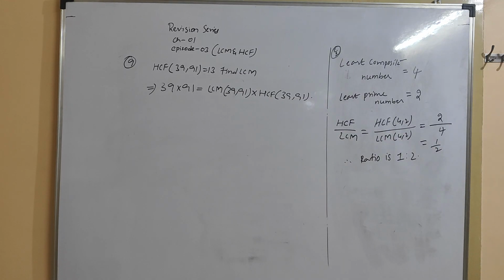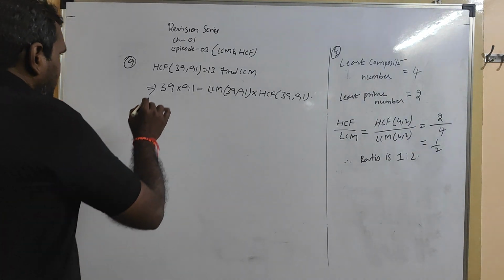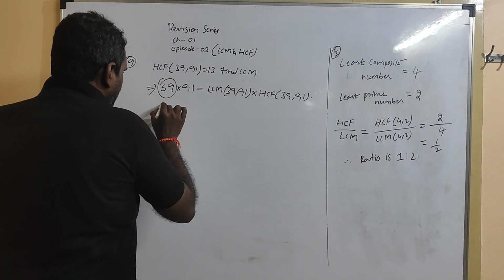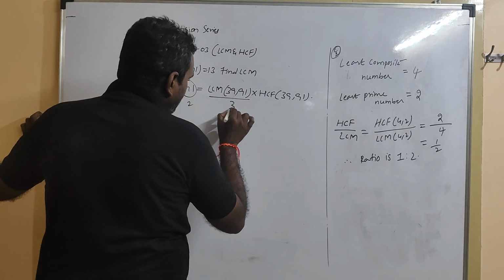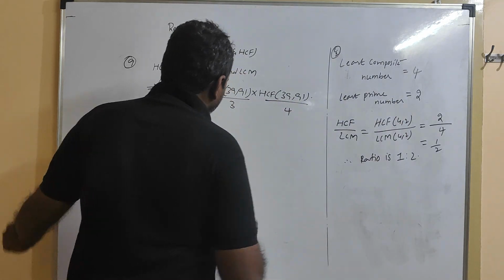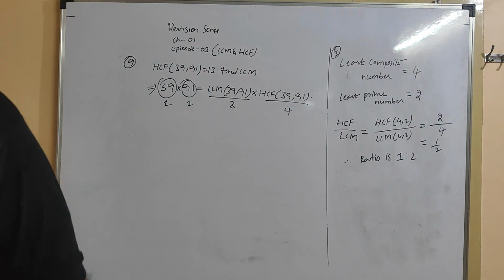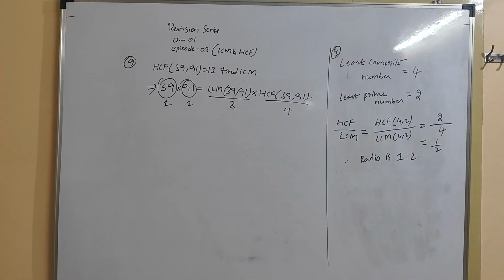Whatever the question they design in a different model or different way, three terms they will be giving. For example, this you take as the first one, this as the second, this as the third, this as the fourth. So in this formula you have four terms, four things which we have to find.